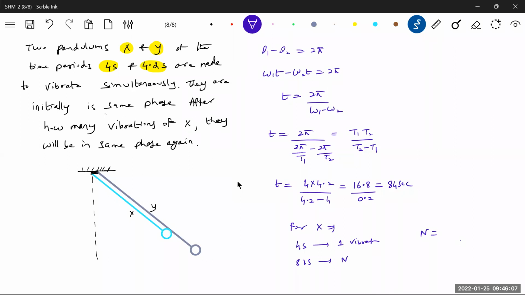Just check, 168 by 2, 84. So this will become 84 by 4. How much will it be? 21. After 21 vibrations of X, again they'll be in the same phase.